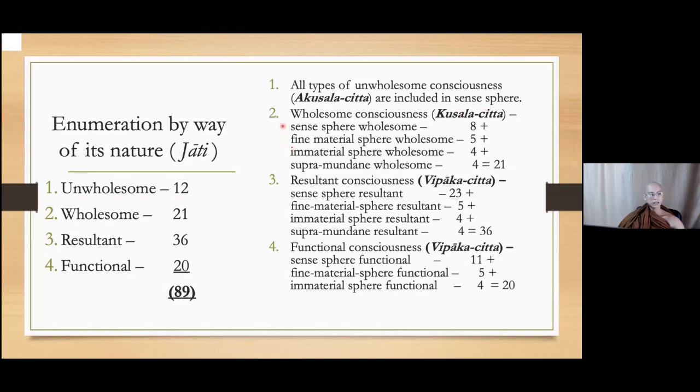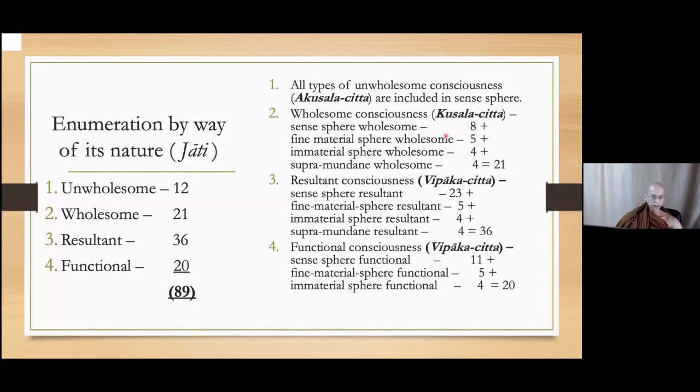And second, wholesome consciousness is divided into different categories according to the plane of existence. According to jati, the wholesome consciousness, kusala citta, is divided into sense sphere wholesome, five material sphere wholesome, and also immaterial sphere wholesome. It means wholesome consciousness is connected to the three categories or planes of existence.